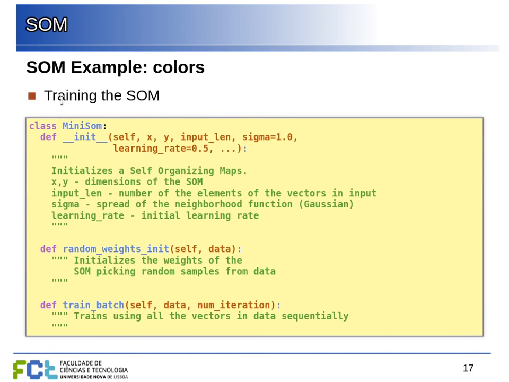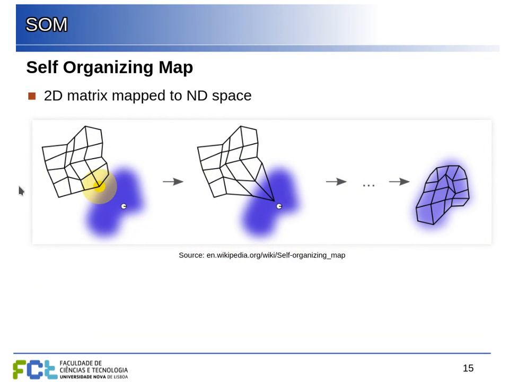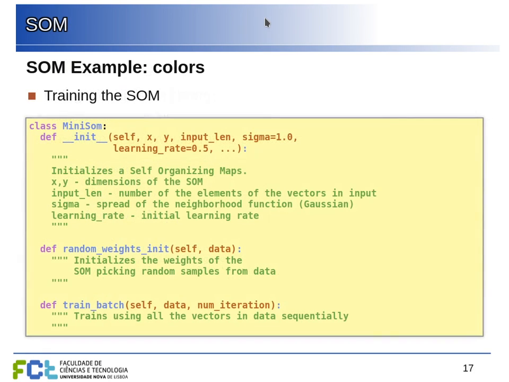So this is the mini-SOM class that you initialize by specifying the dimensions of the grid of the self-organizing map. So this would be width and height of this grid of neurons. X times y gives you the number of neurons that you have.